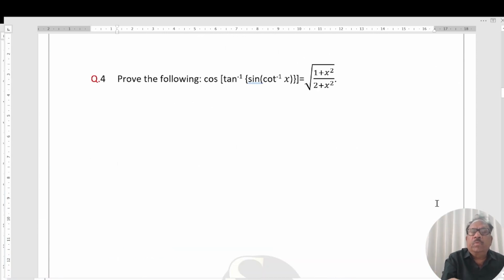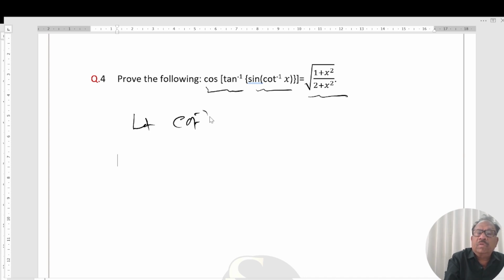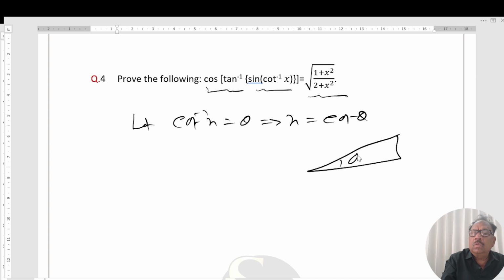Next question is: prove that cos of tan inverse sin of cot inverse x equals this. Now, let cot inverse x equal to theta, so x equals cot theta. Now, base upon perpendicular is x upon 1, so the hypotenuse is under root 1 plus x square.